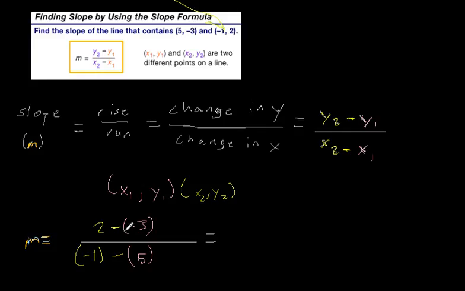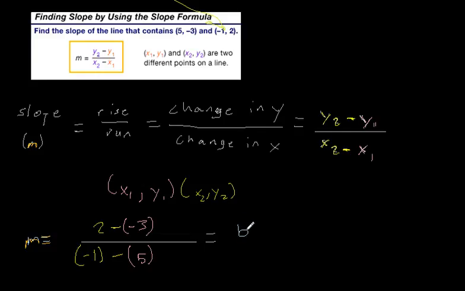So what do you actually get? Well, you combine over here. In order to subtract these opposites, you actually end up adding, so negative minus a negative is a positive. So you will say, hey, 2 plus 3 is 5.